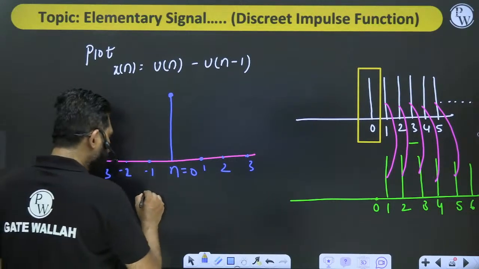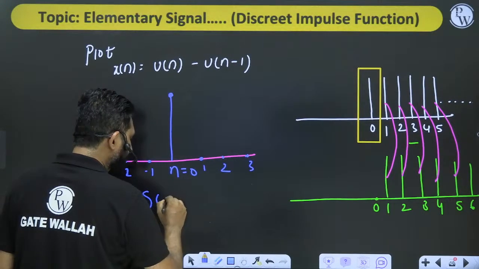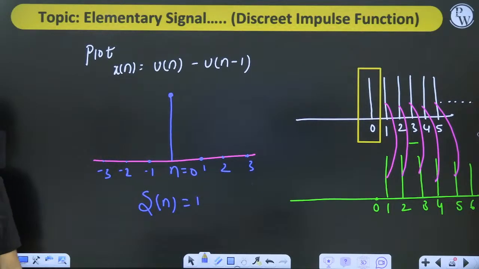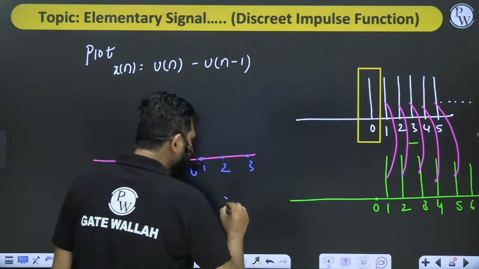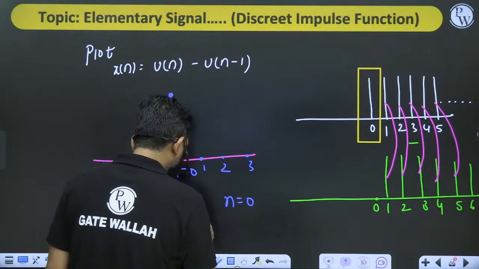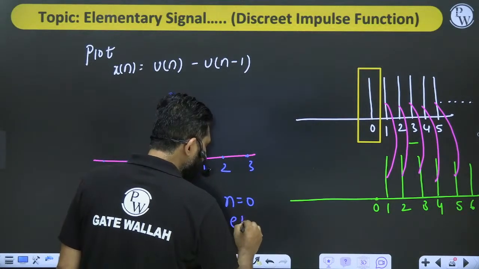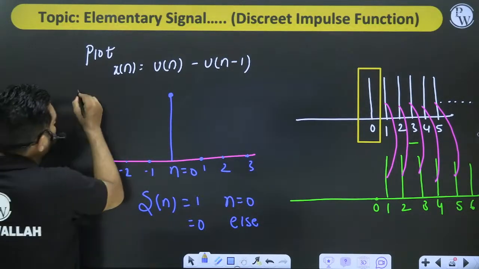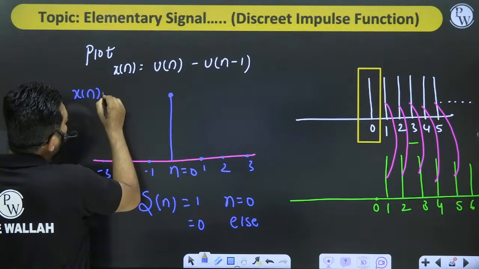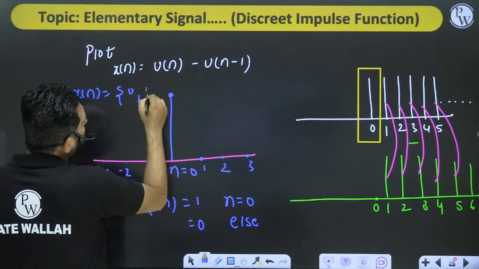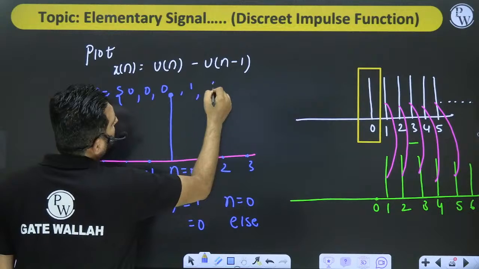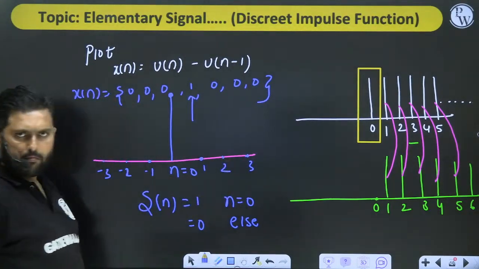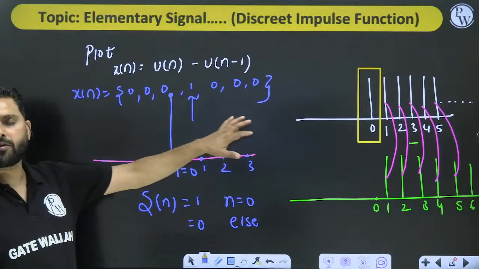This function we popularly call delta[n]. So delta[n] is 1 for n equal to 0 and is 0 else. And what is the sequence representation of this x[n]? The sequence representation is 0, 0, 0, 1, 0, 0, 0, and here is the arrow.